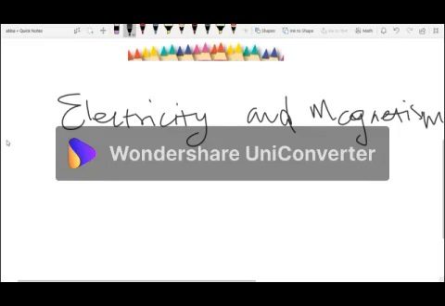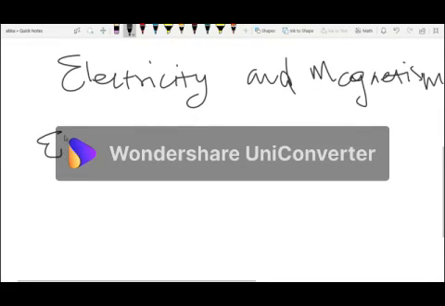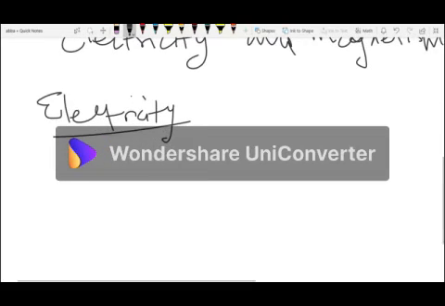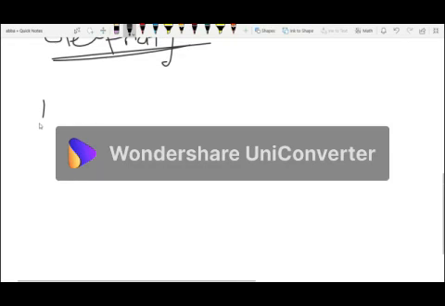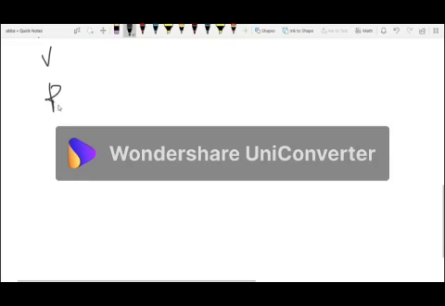So now with electricity, we studied these topics in grade 10 and 11, right? So now when we talk about electricity, we're going to be focusing on three variables, which are current, potential difference, and resistance.